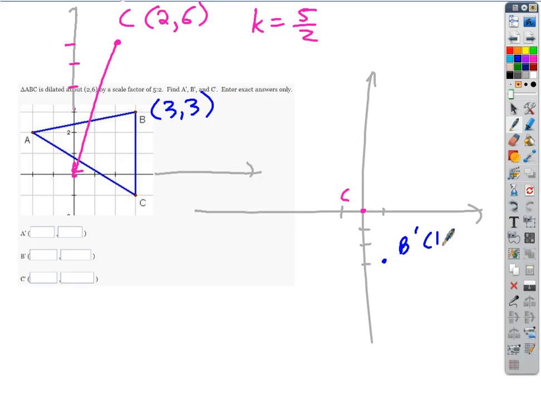Where is C going to be? C starts off at 3, negative 1. So it's going to be at what, 1, negative 7? So there's C prime, right? And what about A? A was at negative 2, positive 2.